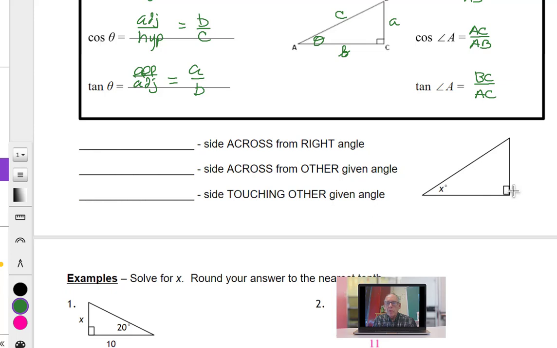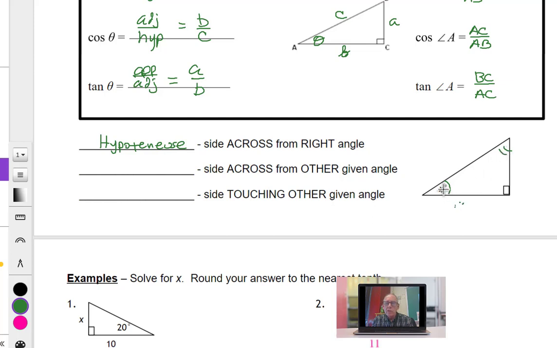So the side across from the right angle, we call the hypotenuse. The side across from the other given angle.